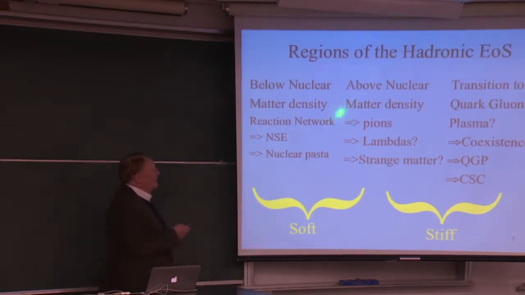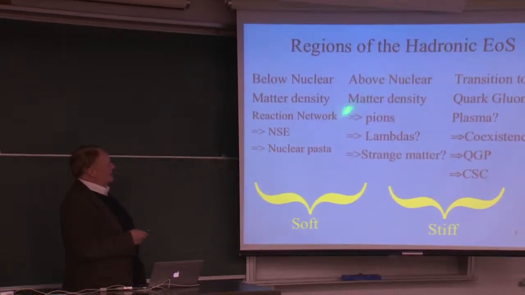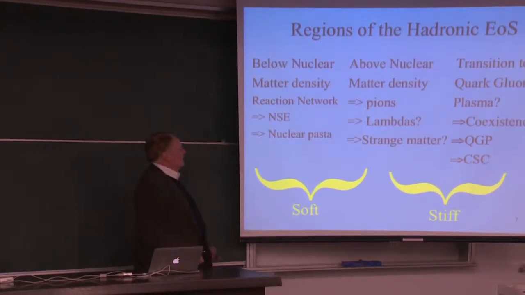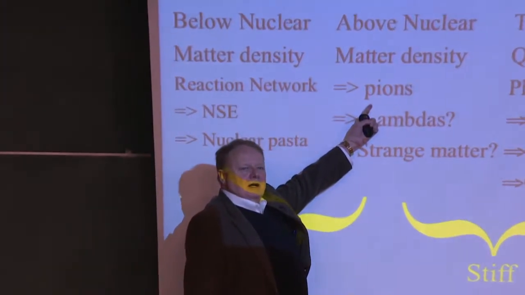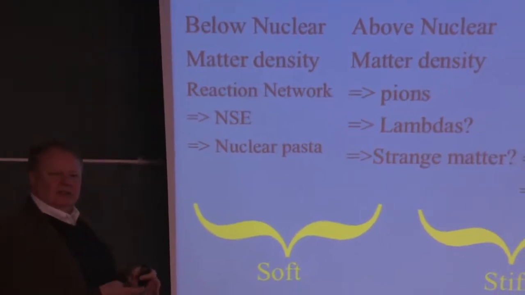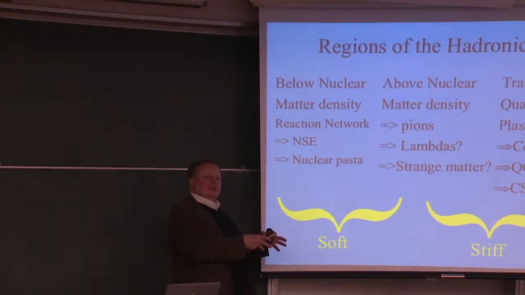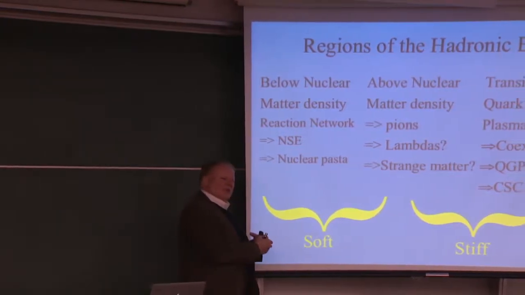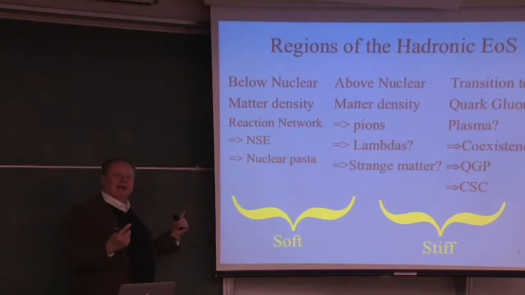What happens that's critical is we make this transition towards nuclear matter density. Now, the way we solve the problem of keeping it soft is if you allow production of pions, that actually softens at high temperature the nuclear equation of state, because as the star goes to compress, instead of resisting that because you're trying to force the nucleons closer together, that energy just goes into producing more pions.